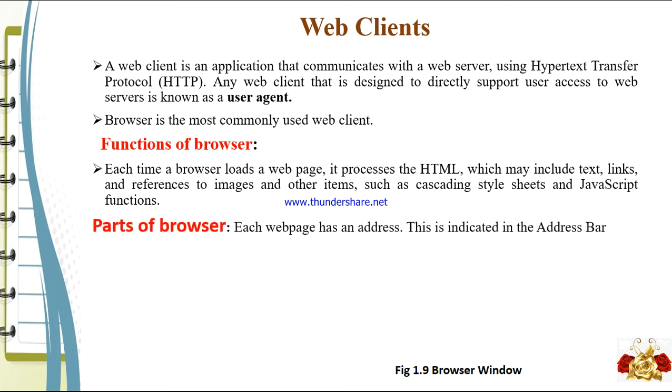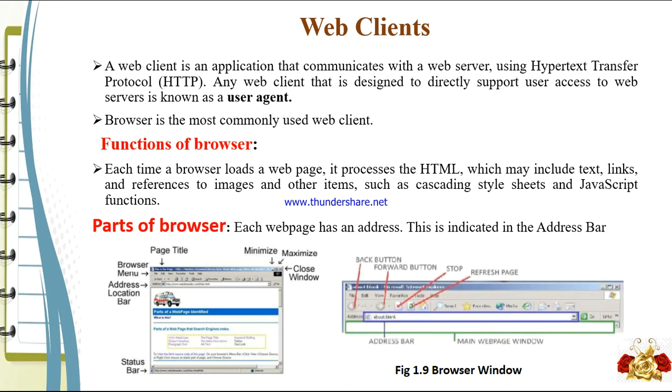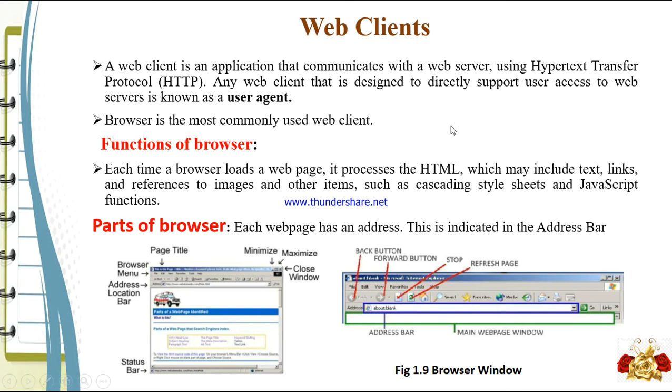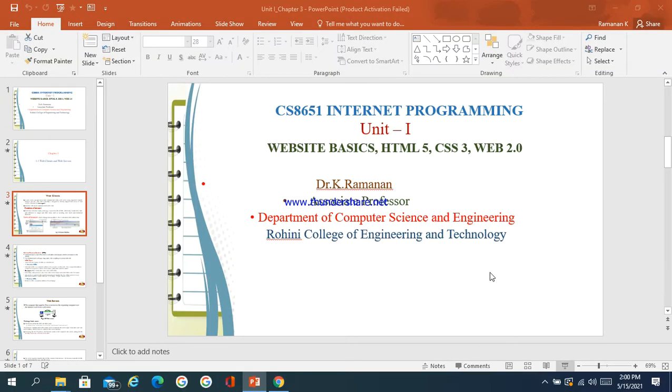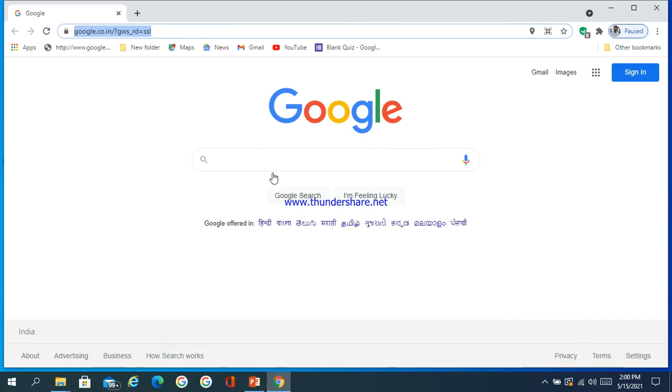So what are the parts of a browser? Each web page has an address that is indicated in the address bar. You can see this with a real-time example. See this browser, Google Chrome.